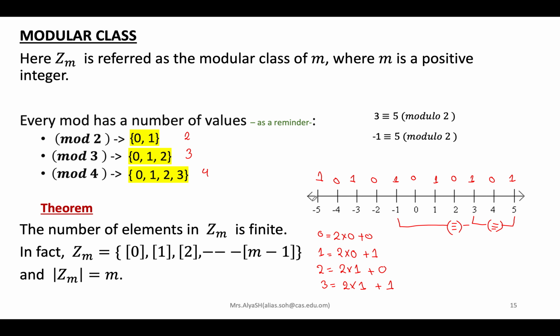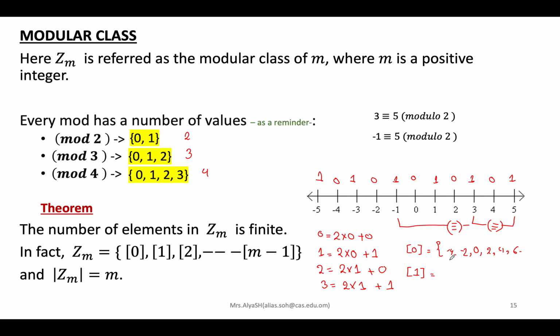So the idea of modular class is that I can combine all the numbers that give the same remainder when divided by 2. So for 0, I have 0, 2, 4, 6, and so on, and here we have -2, -4.